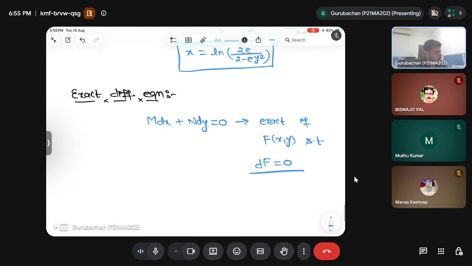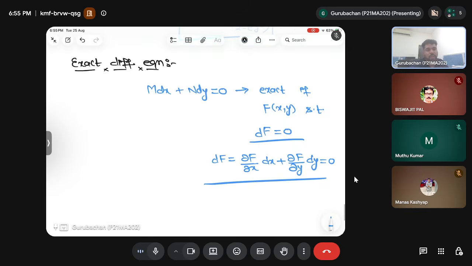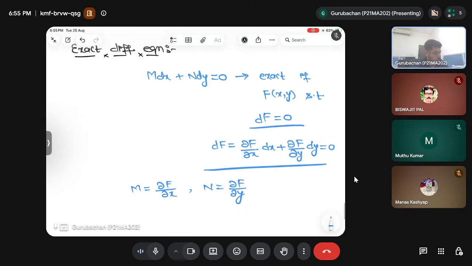The meaning of this derivative is del f by del x dx plus del f by del y dy is 0. So from here your M is nothing but del f by del x and N is del f by del y. This we will use for finding the solution.